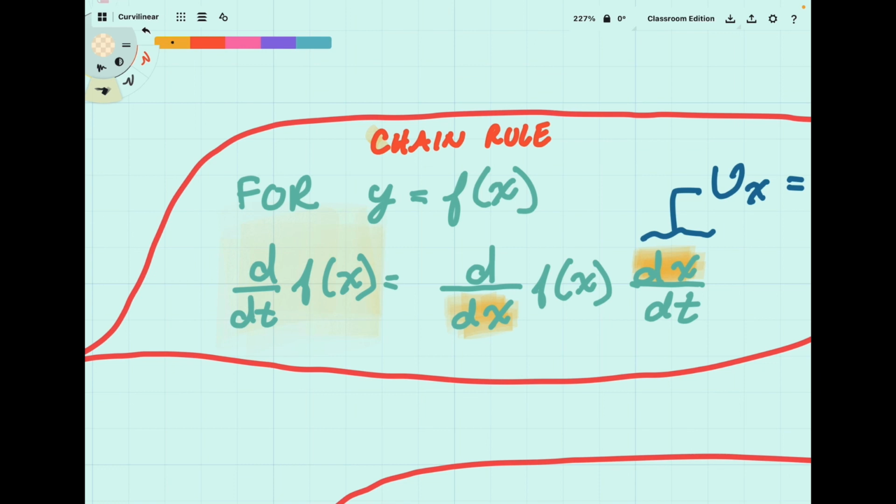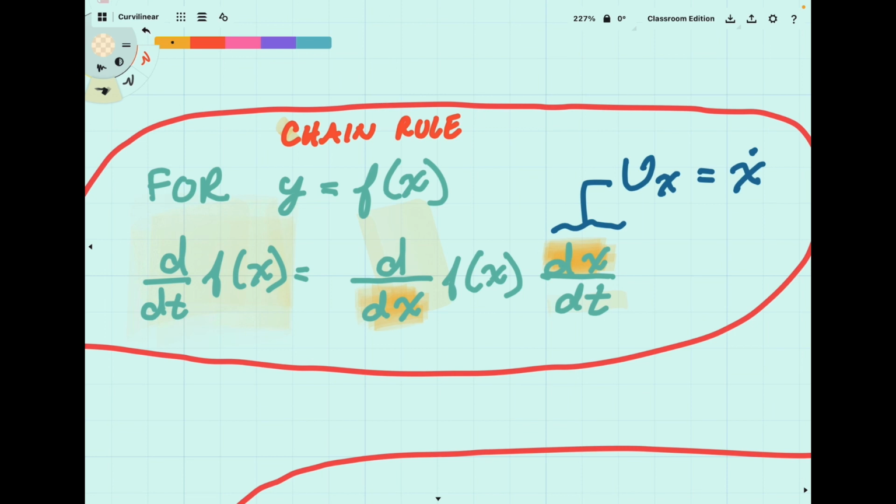So I've still got the d dt in those two terms, but now I'm taking a derivative of the function with respect to x, which I can do, and this term dx dt, well, that's velocity in x. So this expansion by adding that dx term top and bottom lets me take the time derivative, and since I'm adding this dx dt term, I've got the time dependency. I'm adding that into the process as well. So this accomplishes everything that we want to do.